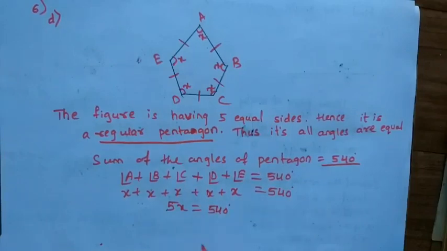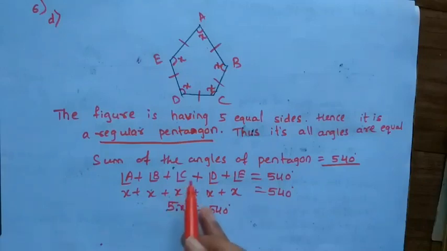5 into x, here the coefficient of x is a constant number. When it goes to the right hand side, it becomes a denominator. It becomes a division method, okay? If you have plus or minus symbols in between, then the sign will be changed. Here you have the symbol of multiplication, 5 into x.